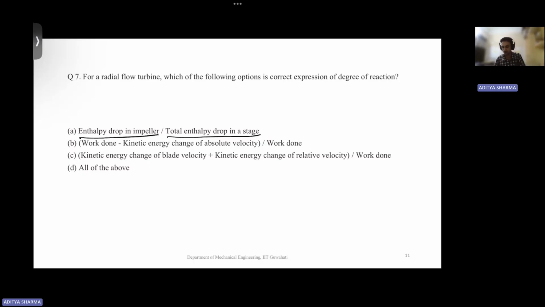So this is degree of reaction. So degree of reaction is also the kinetic energy change of the blade velocity. Okay. And kinetic energy change of the relative velocity. Okay. So this is with respect to your total work done, right?